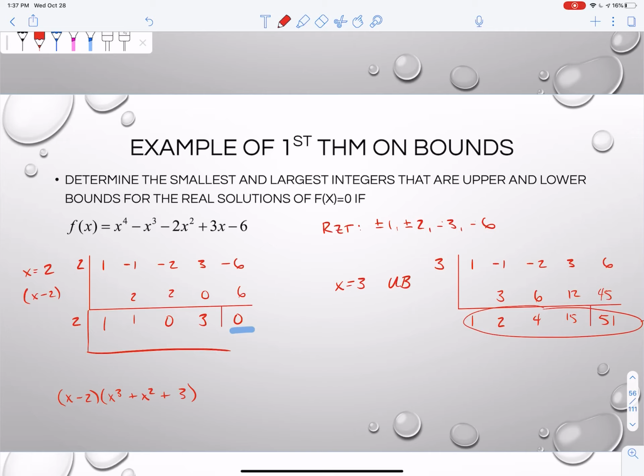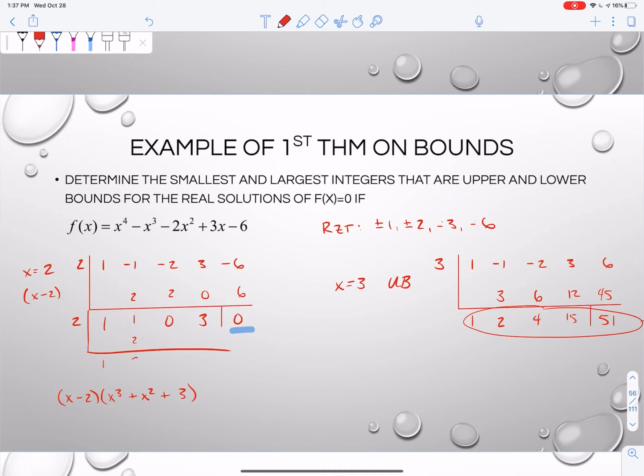So if we go through, I would have the 1, 2, 3, 6, 6, and 12 for 15. So from up here, everything was positive or 0. So I knew that 2 was an upper bound. But also, think about this.